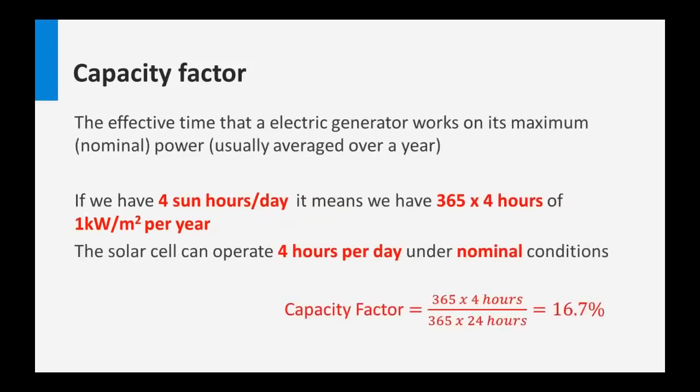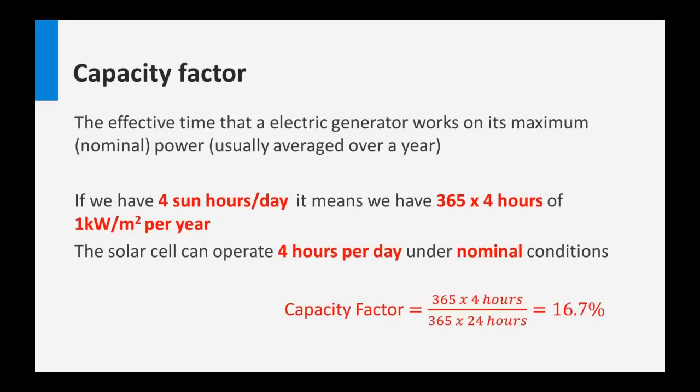So we can calculate the capacity factor, over 1 year, of course: 365 days times the 4 hours, divided by the total time in a year, which is 365 days times 24 hours. And then you see that for a country where we have on average 4 sun hours per day, the capacity factor is 16.7%.